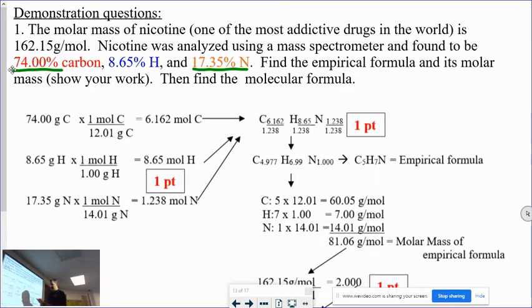Now it says for 3, find the ratio between elements by dividing by the smallest number of moles. So I'm going to take this carbon, put C right here, and put this number as a subscript on that carbon. I'm going to take this hydrogen and put this number as a subscript on that hydrogen.